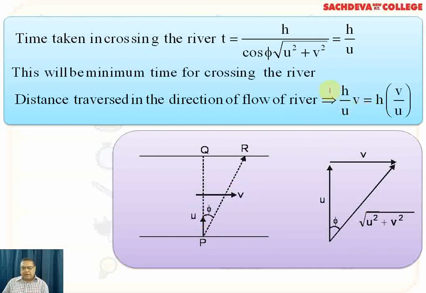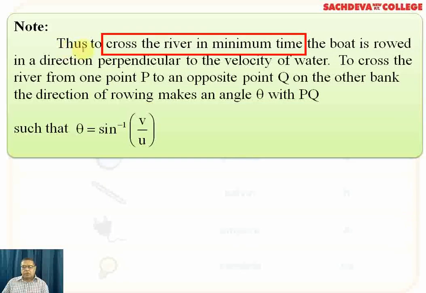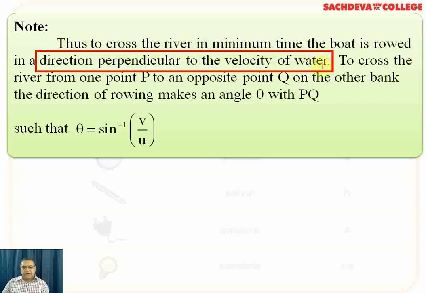Wherever there is a right angle triangle and an angle is provided, the side opposite to the angle will be the perpendicular, and that is indicating v. The horizontal baseline will be indicating u, and the third line is the hypotenuse, and by Pythagoras theorem, it will be under root u square plus v square. Thus, to cross the river in minimum time, the boat is rowed in a direction perpendicular to the velocity of water.